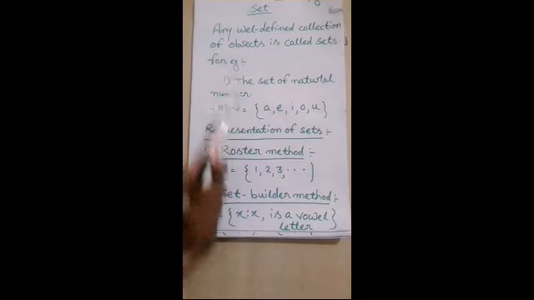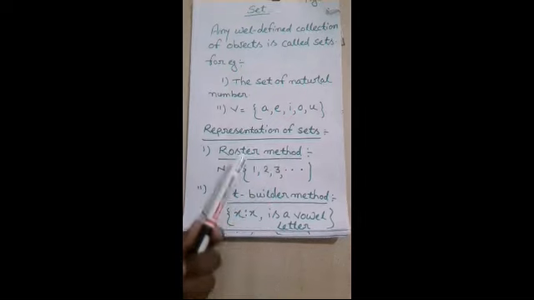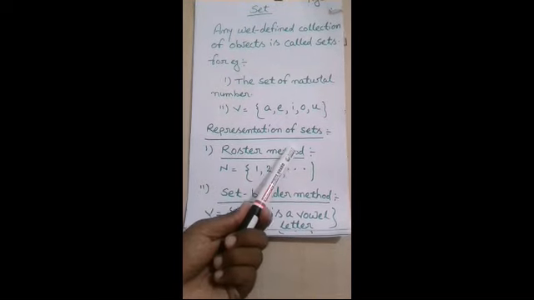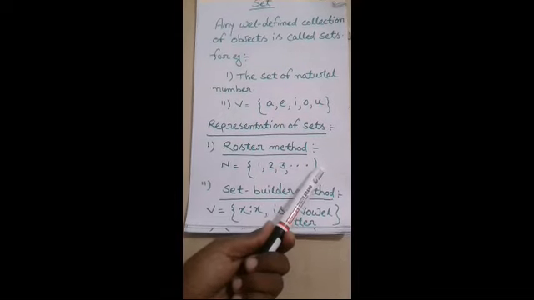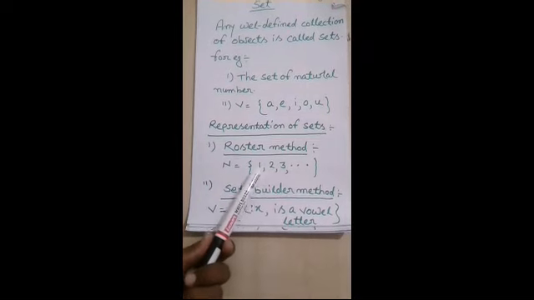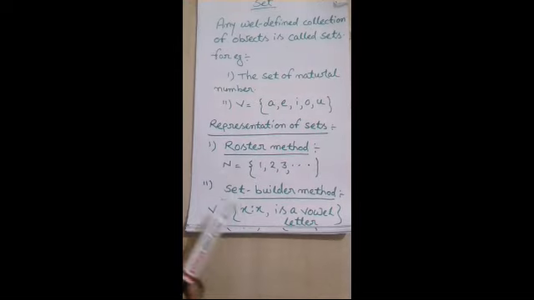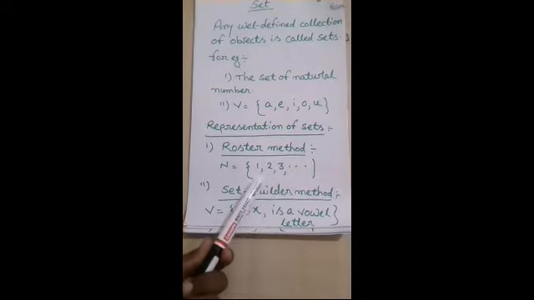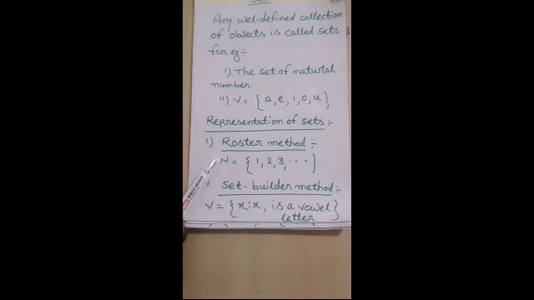Now after knowing what a set is, let us see how we can represent a set. There are two methods to represent a set. The first method is called the roster method, where we write the elements in curly brackets, and if the number is uncountable, after writing three elements we can give dot dot dot. The elements are written in curly brackets by placing a comma sign, and then the set is represented by any capital letter.